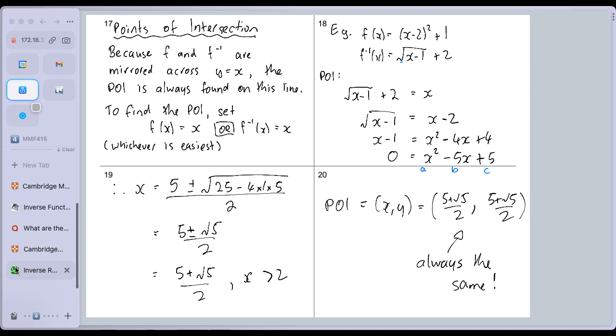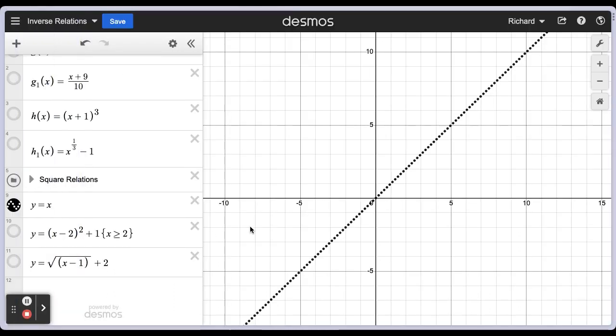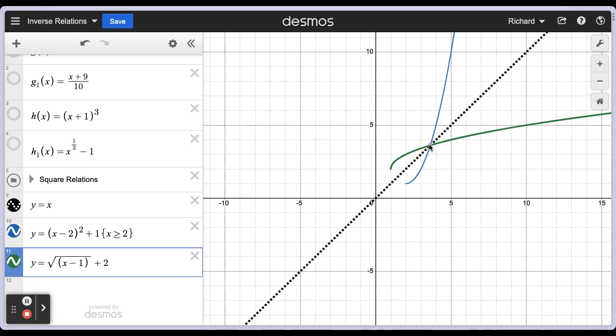So I'm going to go back to the graph just for a tick and just show you this all matches up. So with these two here, like so, we can see that the point of intersection crosses over on the x-axis, and it crosses over at 3.618, which would be 5 plus the square root of 5 divided by 2, 3.618.